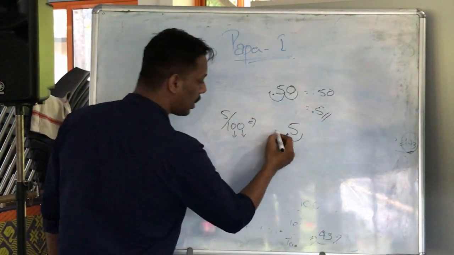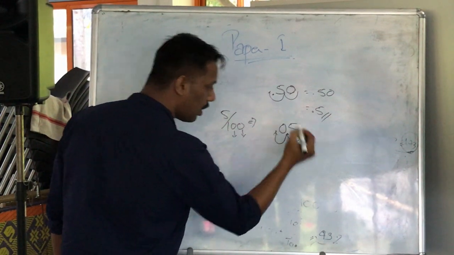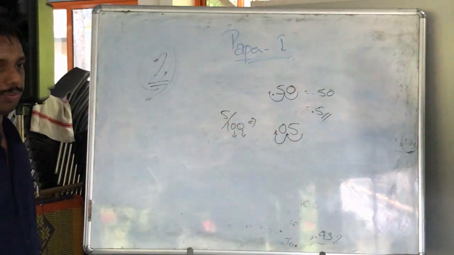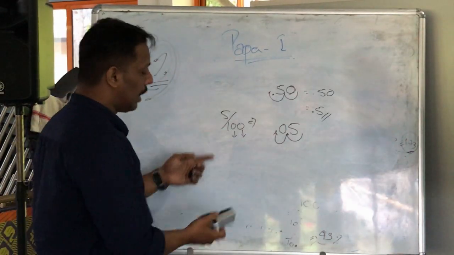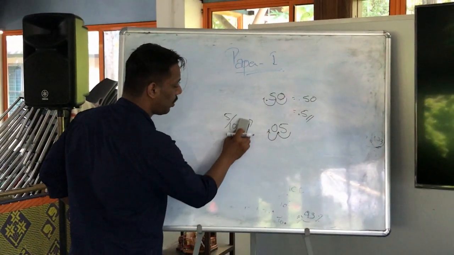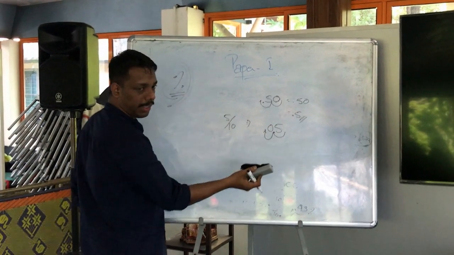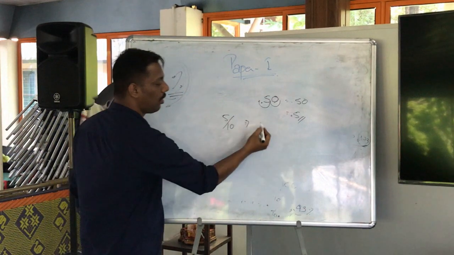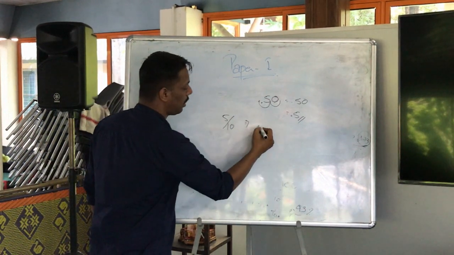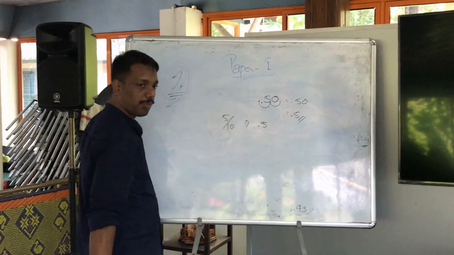So the answer is 0.05, right? If it is 5 by 10, what will be your answer? 5 by 10 is again 0.5.